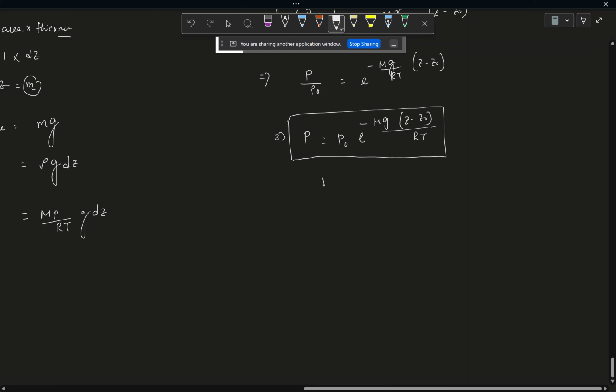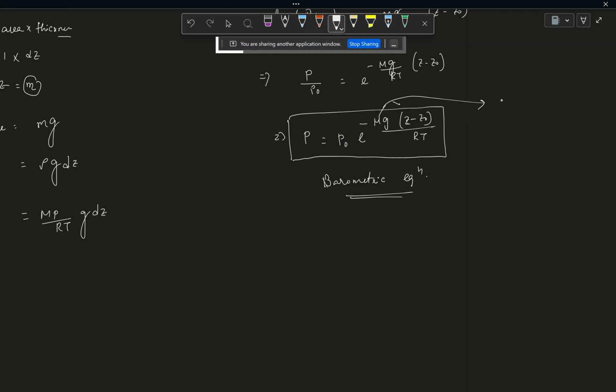This is sometimes called the barometric equation, because this is also valid for gaseous particles, since they also show Brownian motion. In air this kind of pressure relation is maintained as per the height difference. If you go from z naught height to z height with a gravitational force in action, M here, don't forget, is the mass for 1 mole, so that's why I am using capital M. Because of this you have the universal gas constant R, which is also for 1 mole.